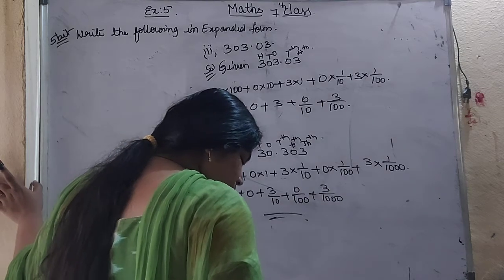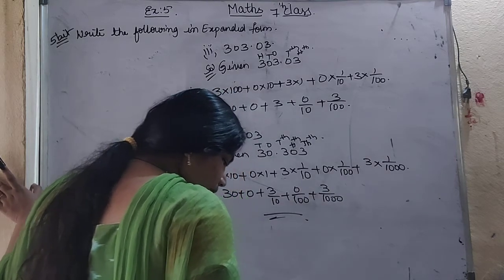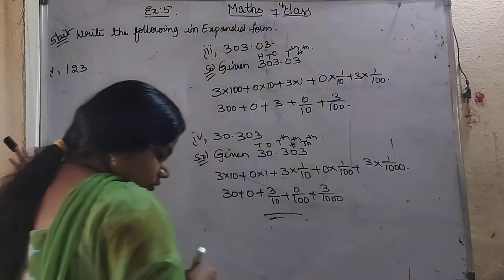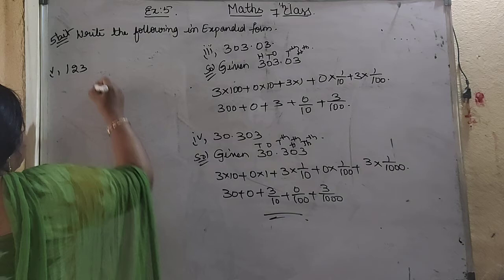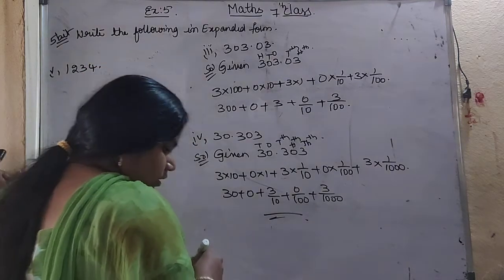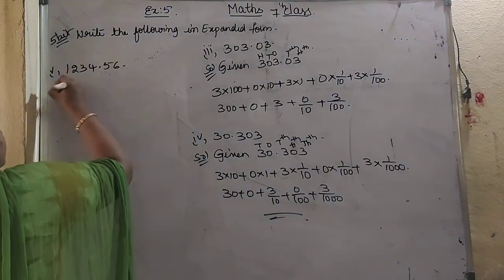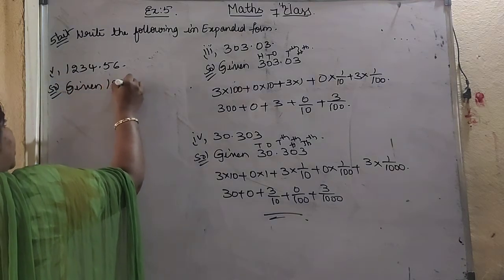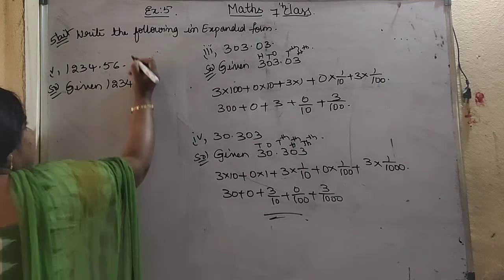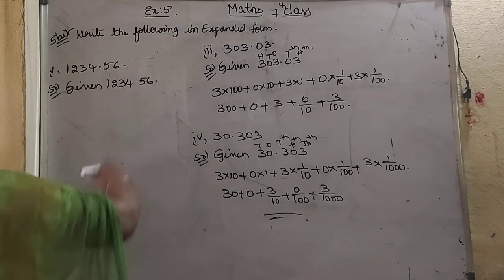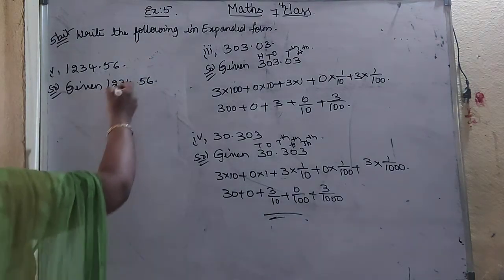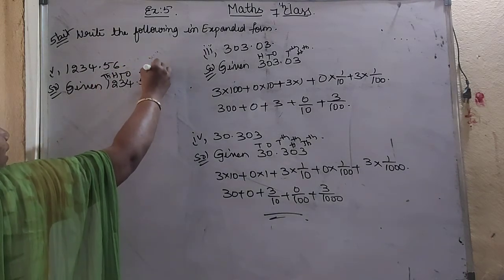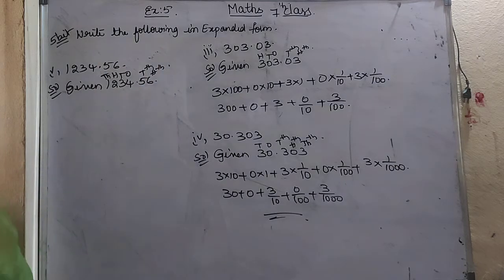Next one, 1234.56. Given 1234.56, now first write the place values. Ones, tens, hundreds, thousands. This is tenth part, hundredth part.